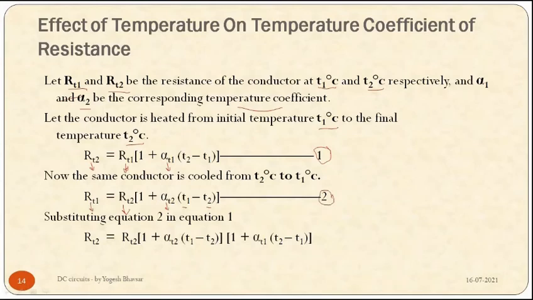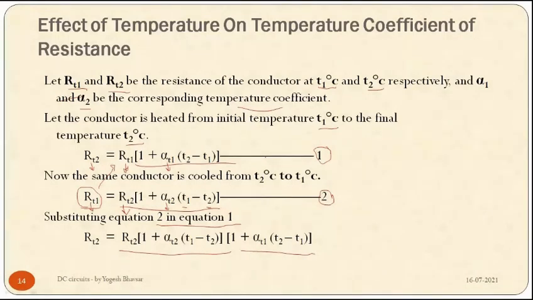Now simply we have to solve these equations. We'll get alpha, the RTC. Substituting equation 2 in equation 1, we can put the value of this RT1 here in the first equation. So RT2 is equal to this full expression and then this expression. We have this expression as it is and the remaining from equation 1.